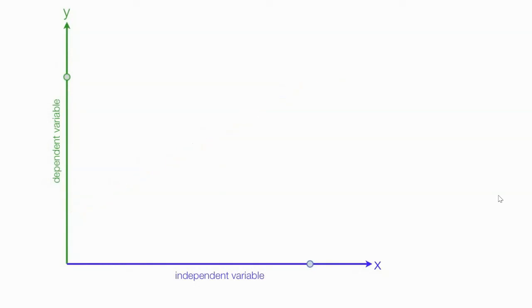If, on the other hand, as the independent variable increases and the dependent variable decreases, like this, we say there's a negative relationship. The line would look like this, go downward.